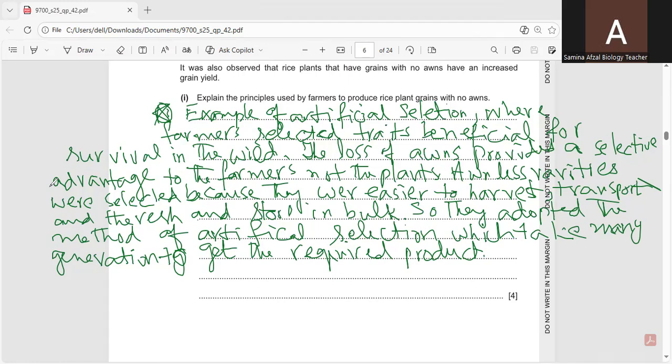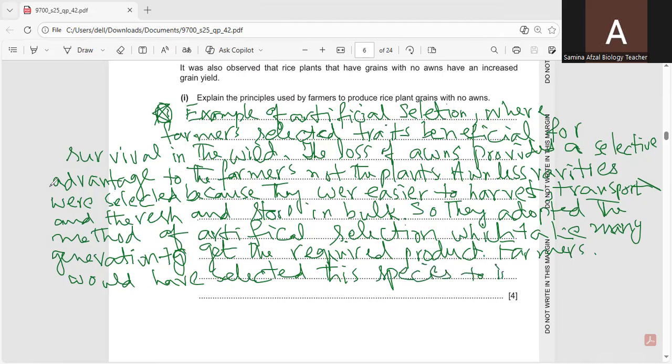So if the awnless plants had an associated increase in yield, farmers would have selected this species to increase productivity.